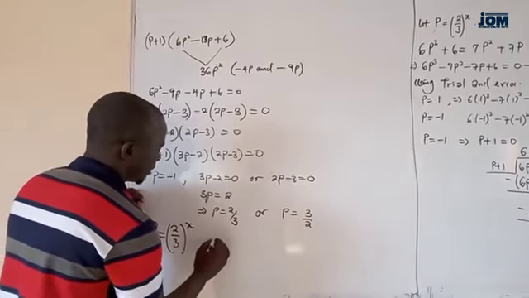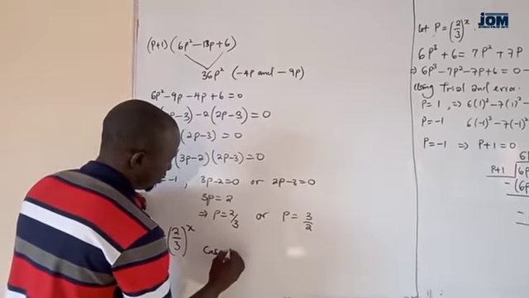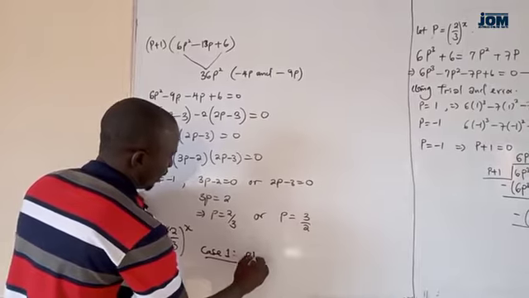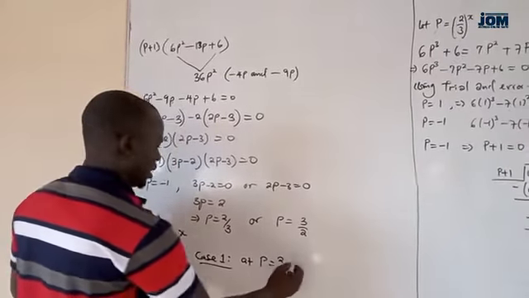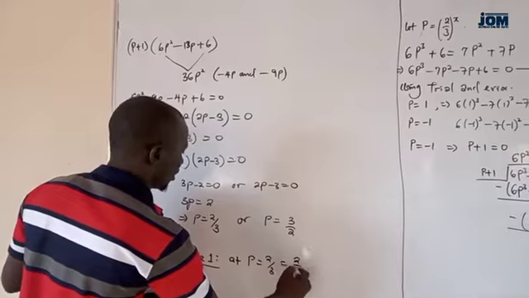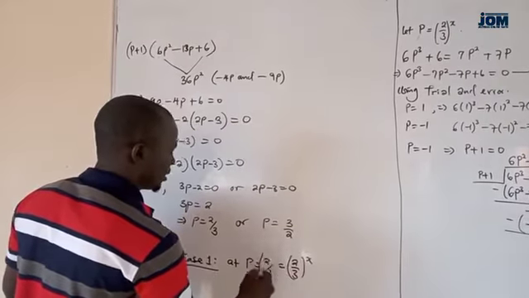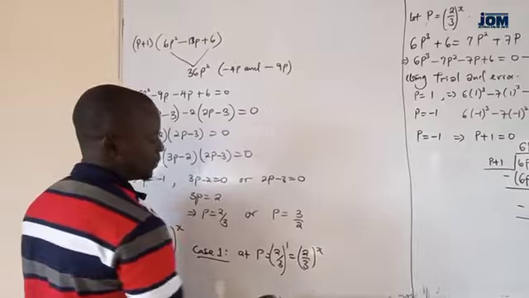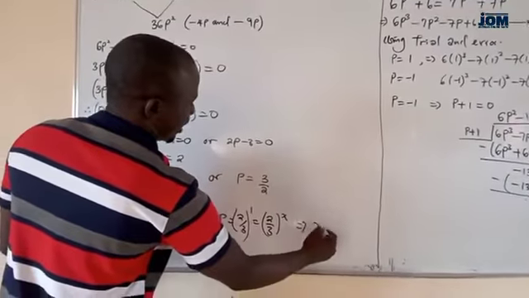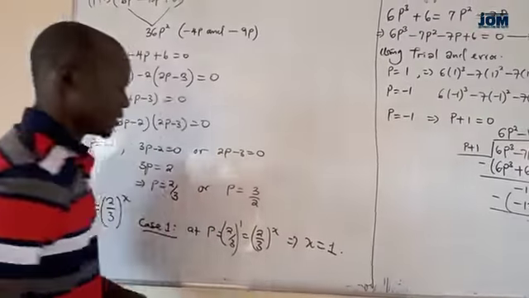For the first case, case 1, at p equal to 2 over 3, what happened to this value? It's the same thing as 2 over 3 all raised to the power of x, and this is the same thing as raised to the power of 1. The bases are the same, you equate the powers. This implies that x is equal to 1 for the first case.